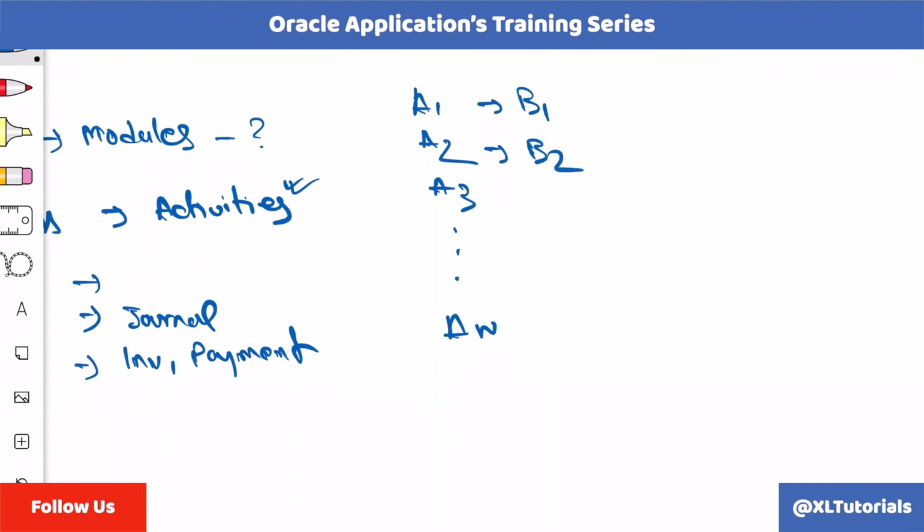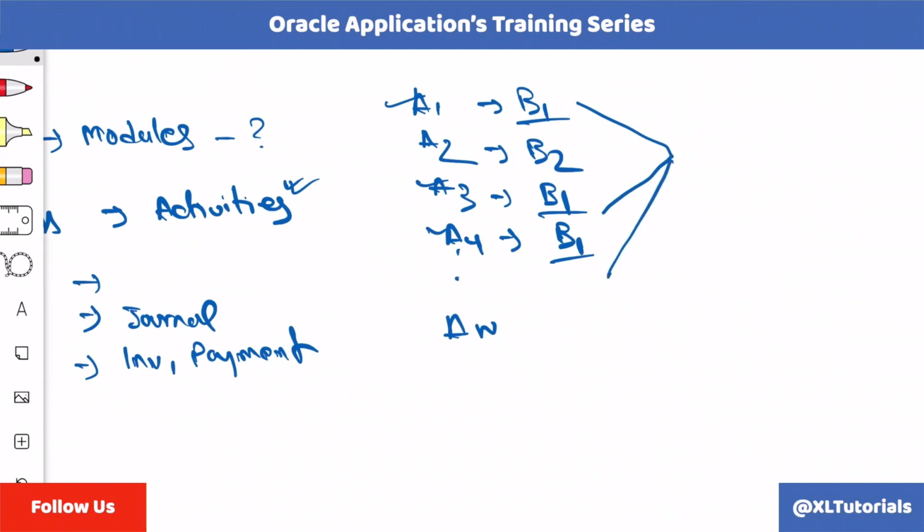When they're doing this grouping, it's quite possible that different activities belong to the same business process. For example, here I'm taking A1, A3, A4, which all belong to the same business process of B1. Then these activities are grouped into something called a module.